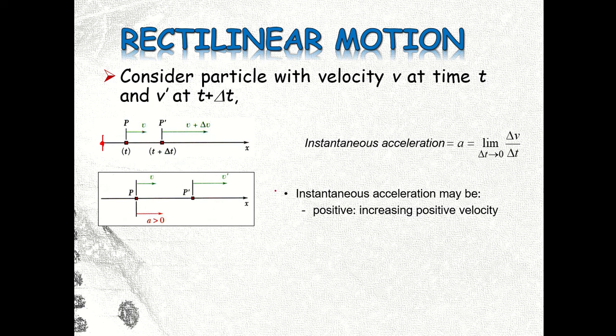In this case the instantaneous acceleration is positive because there's an increasing positive velocity. Increasing in the sense that it goes towards the right, and that the original velocity is added with some increment of the velocity, in this case delta v. So positive plus positive velocity.